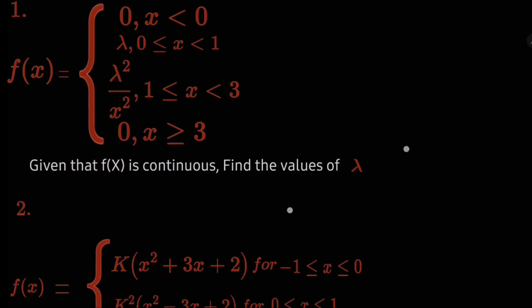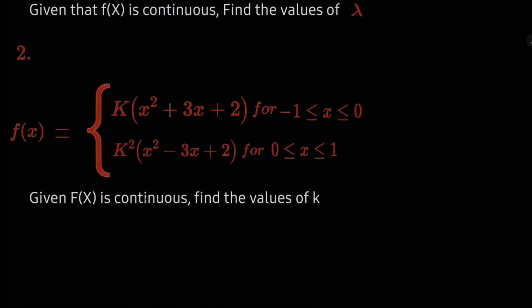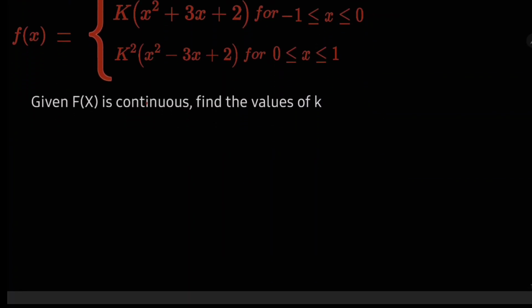And in the second question, we are to find the values of k also given f of x is continuous. So let's take the first question solution. Let's take question 1.